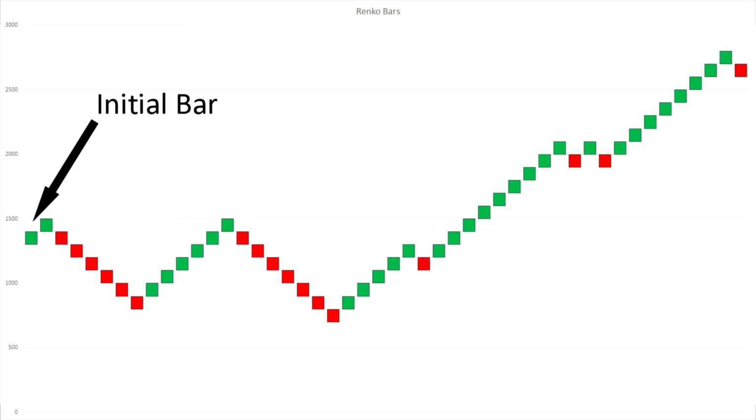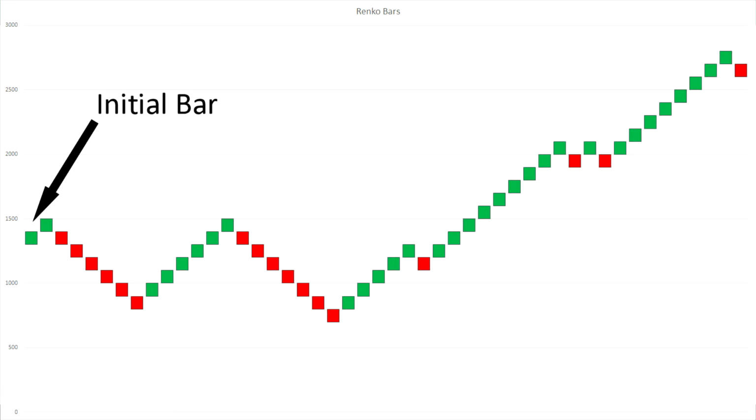The thing to be aware of is that the direction of the preceding bar always matters. Renko favours the direction in which the market is moving, so, as I've said before, this is why we get these dangling market turning points, because we have to have a move twice as large in order to change direction.